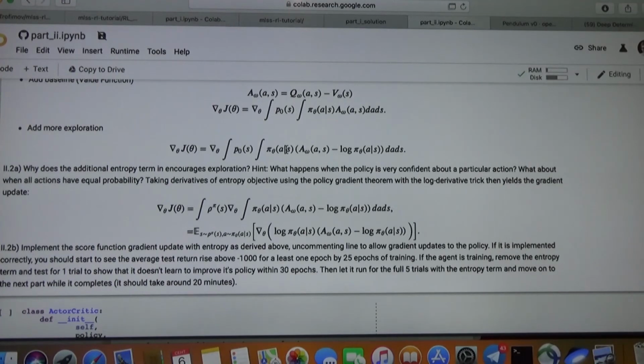So it is a probability distribution. And pi multiplied by the logarithm of pi is the entropy. So how does the entropy term help us to do more exploration? Any ideas?